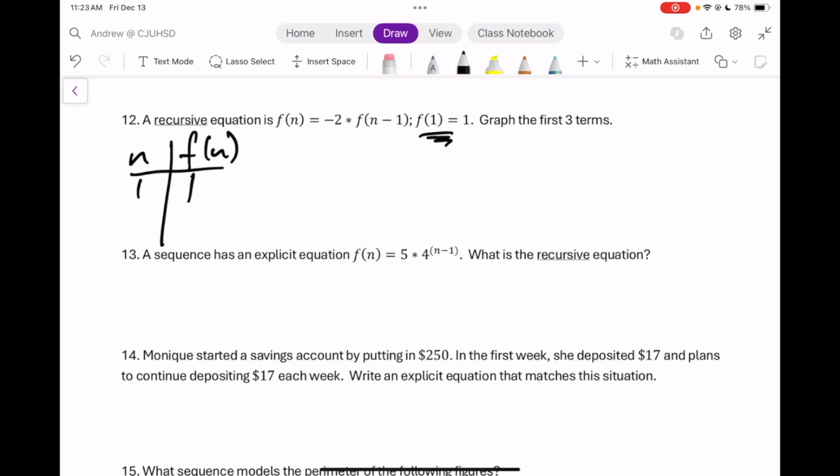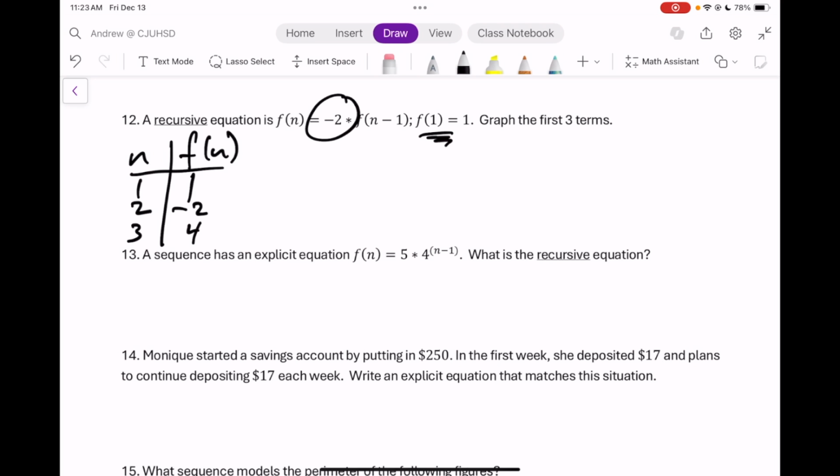It says so right here. At 2, you're going to have multiplied by -2, so this will be -2. Right here it says multiply by -2. On the third term, you're going to have taken -2 and multiplied it by -2 again. So that would be 4.